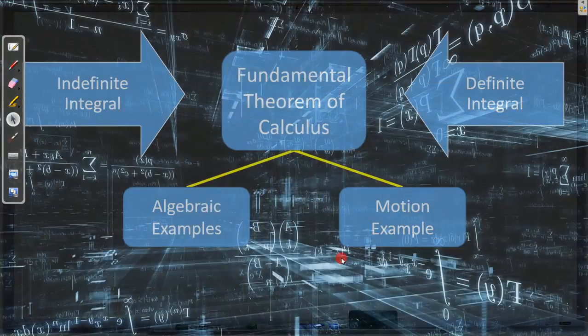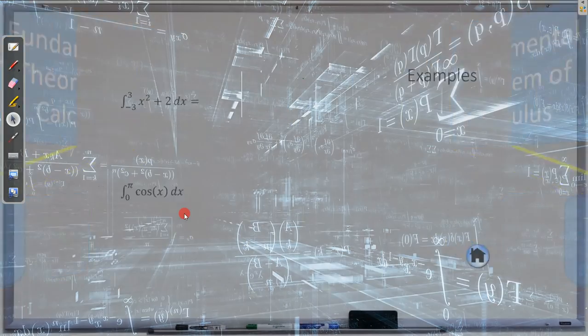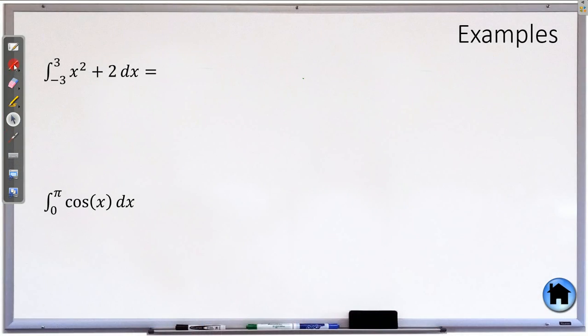So let's see how that works algebraically, and you'll see it's not too bad. So I want to know the integral from -3 to 3 of this equation right here. So I don't want to use rectangles, so what I do is I take the antiderivative.